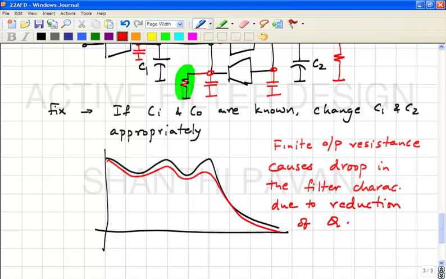It is coming in parallel with the loss-inducing transconductor, right? So all that it is doing is reducing the Q from the desired value. So how can you fix this at least a little bit?